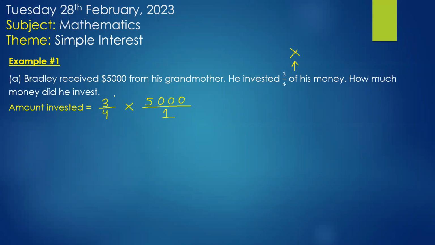What we're going to do is multiply 3 by 5,000. 3 times 0 is 0, 3 times 0 is again 0, 3 times 0 is 0, and 3 times 5 is 15. So it's going to be 15,000.